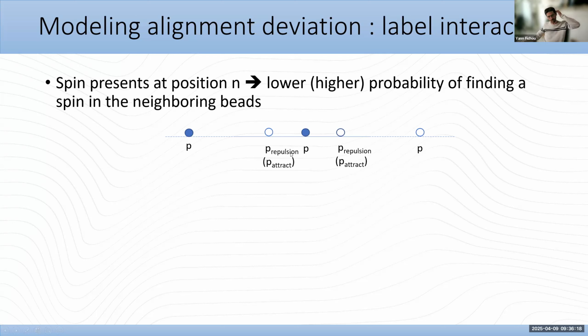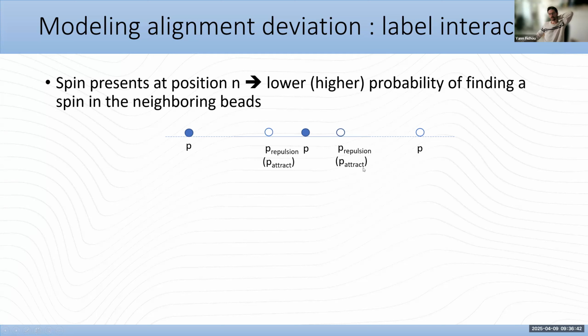So we simulate this by having repulsion and attraction. What this means is that if you have a bead that is paramagnetic here, then you're imposing a penalty or different rules on the neighboring beads. If you want repulsion, you say there is a much lower probability to have a bead at n+1, n+2, n+3.